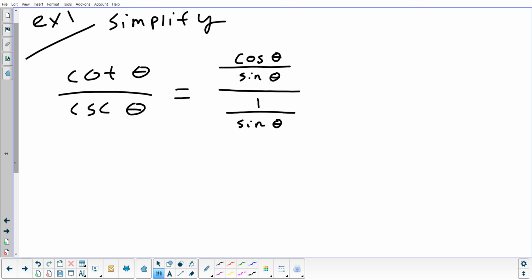What we have there is a fraction divided by a fraction. You would handle that exactly the same way you would handle it if it was numbers. If you want to divide two fractions, how do you do it? Jack, do you remember how we divide two fractions?